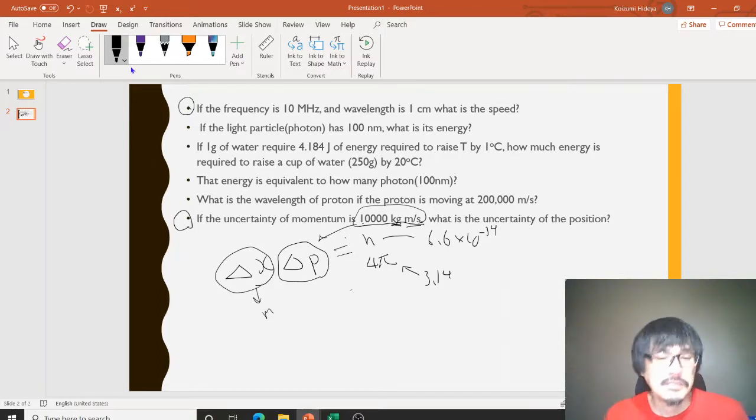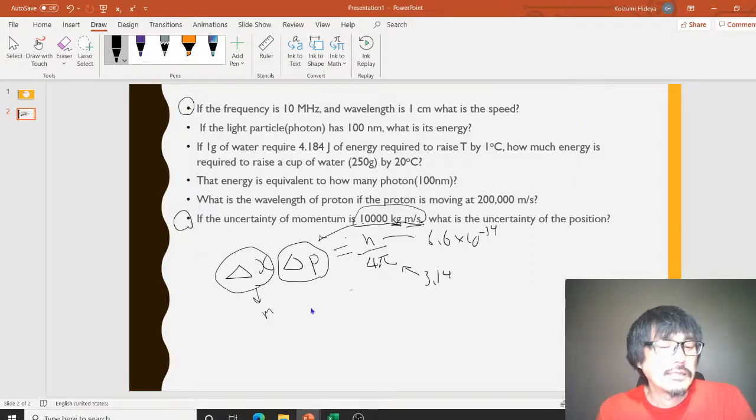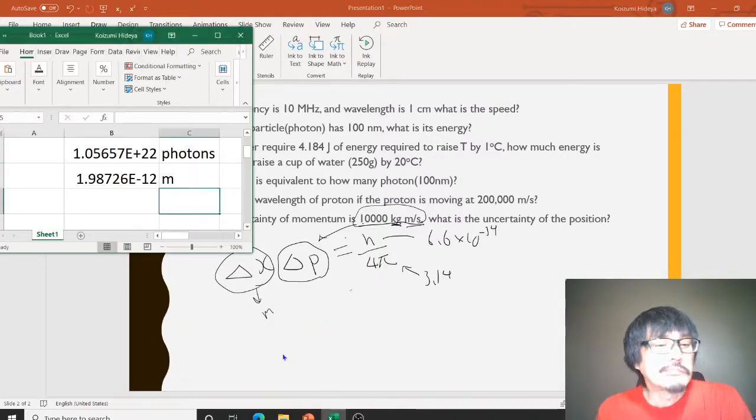And nobody's interested in that. So what we want is the minimum uncertainty. For that, we just need to replace the inequality with the equal sign. Once we do that, the problem is fairly simple. Just solve the equation, because we know delta p, we know h, we know 4, we know pi, then we can solve for the uncertainty in position.